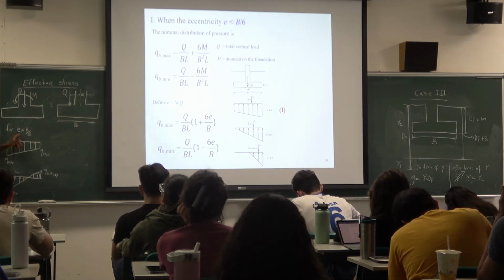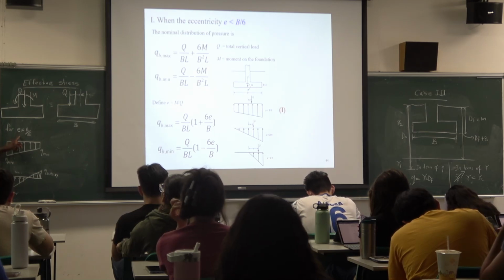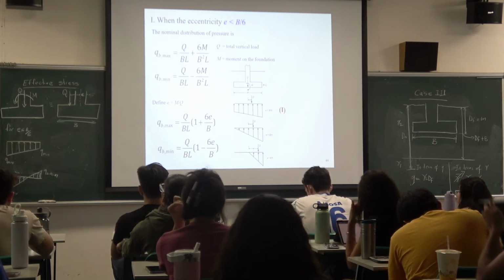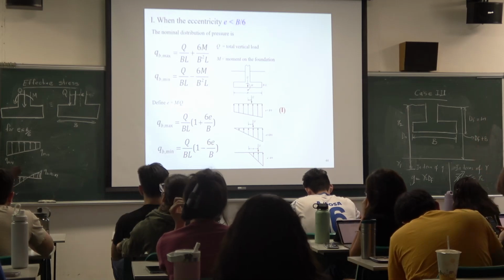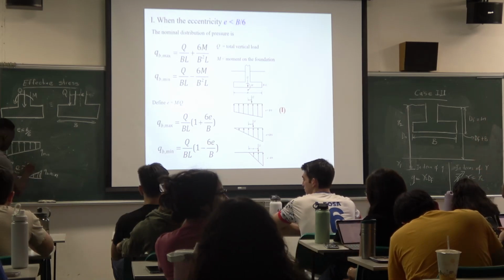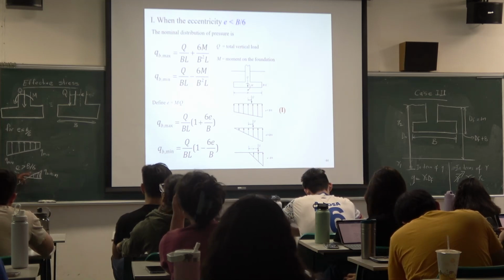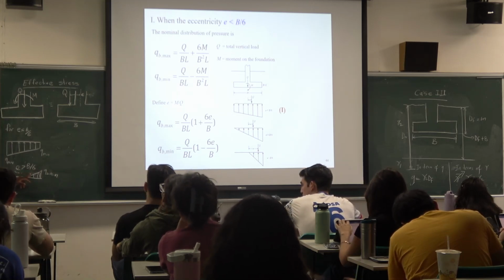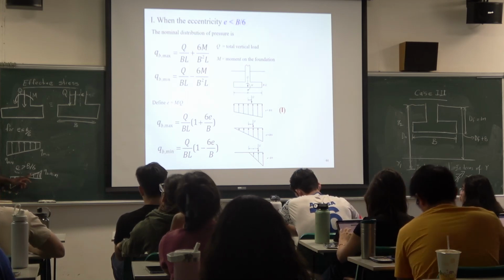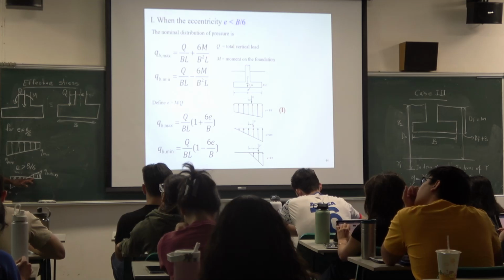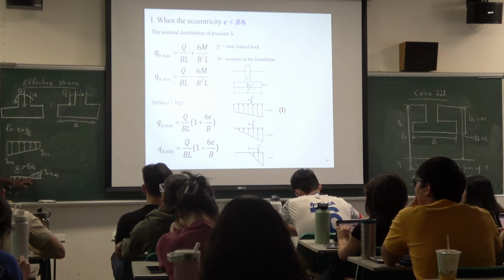Typically you want this value E to be less than B over 6. If your E is greater than B over 6, this part is tension. So what does it mean? The soil is under tension. That means this side of your foundation is not in contact with the soil.